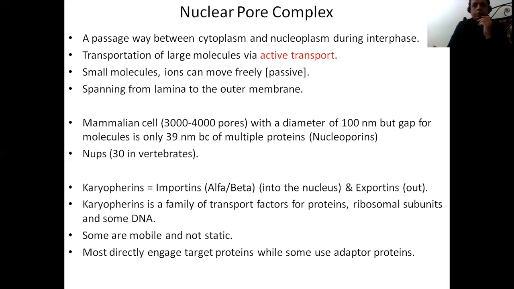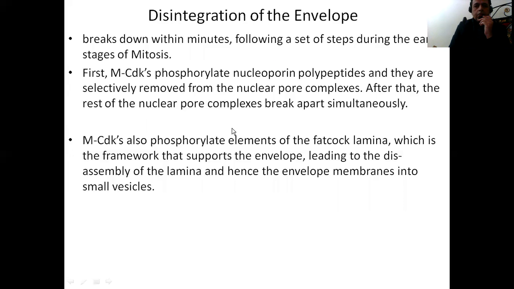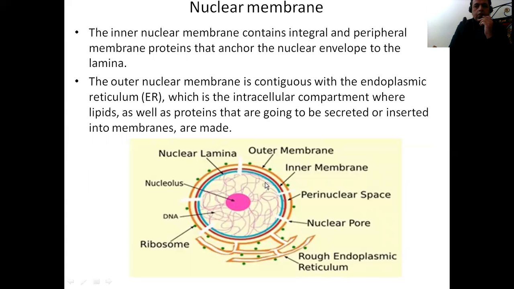And this nuclear pore complex, which is composed of different kinds of porins or proteins, nuclear porins they are called, these complexes span from the lamina, which is the support structure on the inner side of the membrane, to the outer side of the nuclear membrane, as I showed you, from this particular blue lining to this particular.